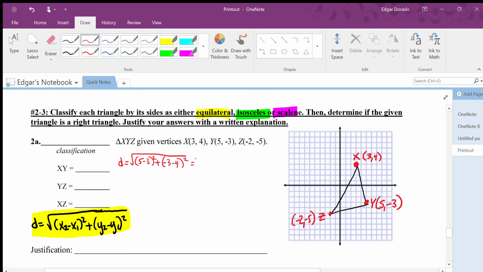That's going to give me the square root of, 5 minus 3 is 2, so 2 squared plus -3 minus 4 is -7 squared. 2 squared is 4, -7 squared is 49. So that adds up to the square root of 53. And again, you don't have to go any further from here. All you have to do is compare your lengths at the very end.